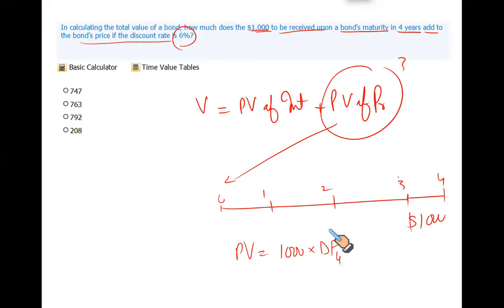For the discount rate, 6%. In the 4th year row and 6% column, you will find this as 0.792. Multiply this with 1,000, it will be 792. That makes C the correct option. And I guess that's all. That completes your bonds valuation questions.